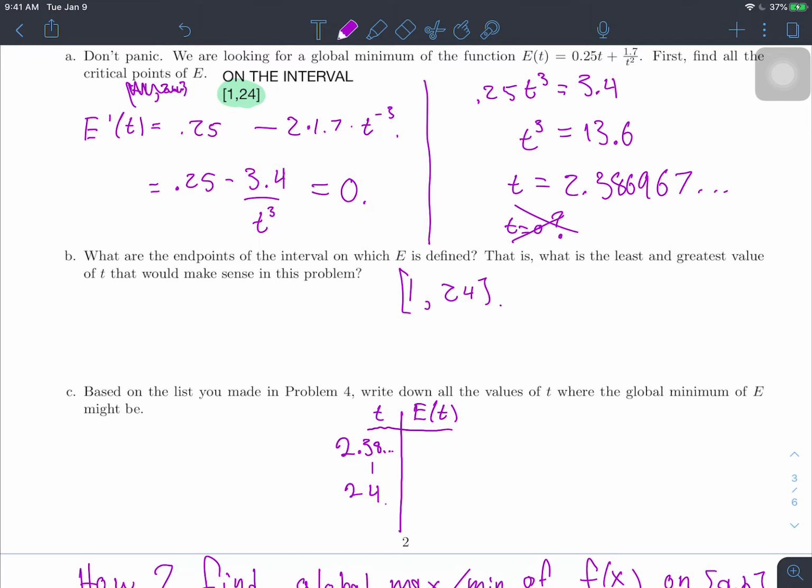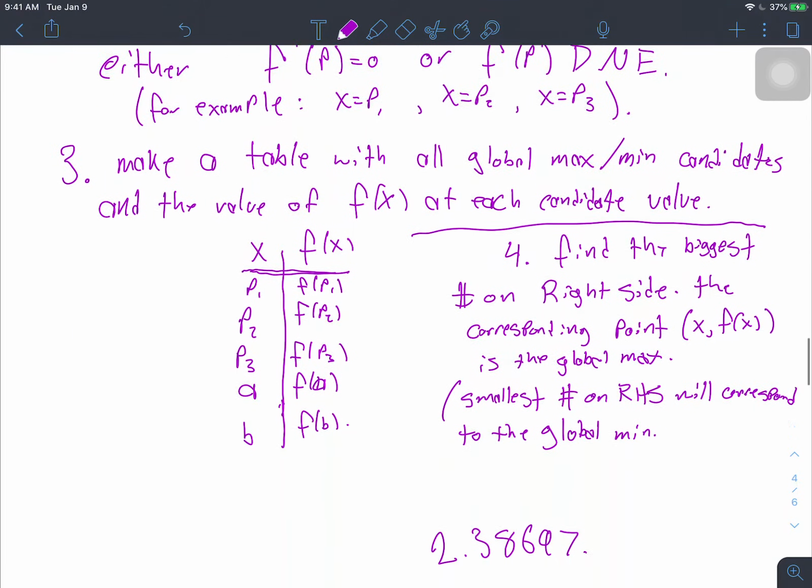We'll take this a step further and actually find where the global minimum of E is. What I'm going to do next is take all these values on the left-hand side and plug them straight into E to figure out how high the graph of E is at each of those points. I think I already did this.